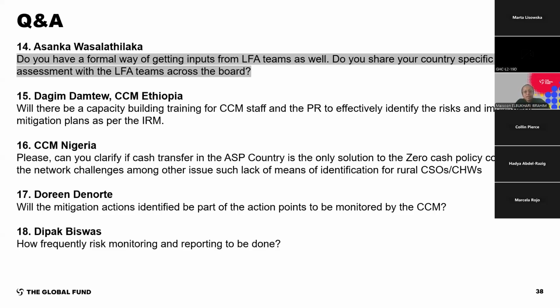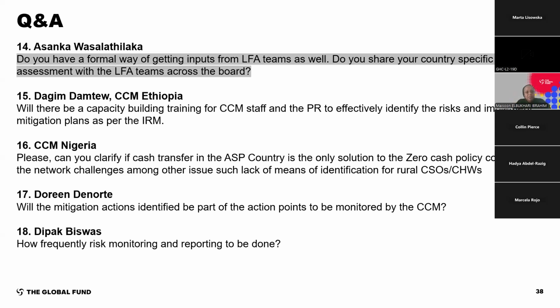The most important thing is that when the LFA reports are formulated, the findings are categorized according to the sub-risks and risks. So the assurance and the alignment in presenting the result is there.